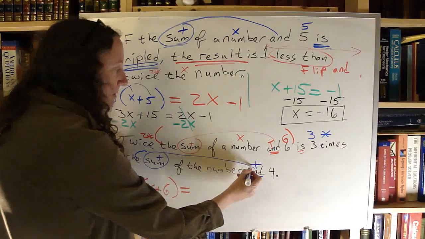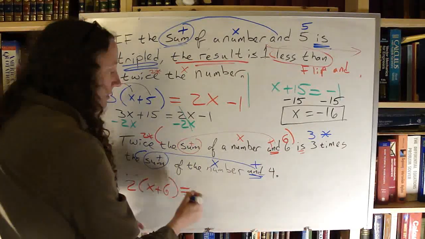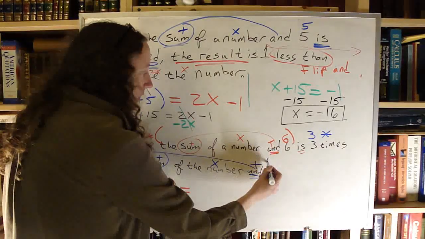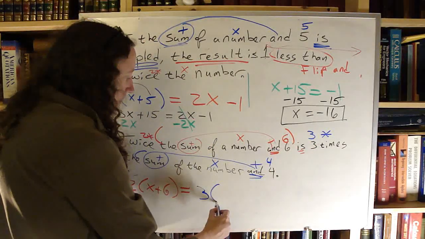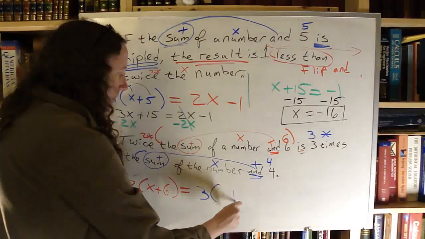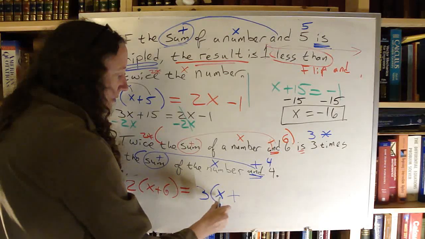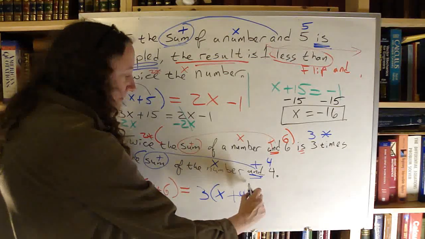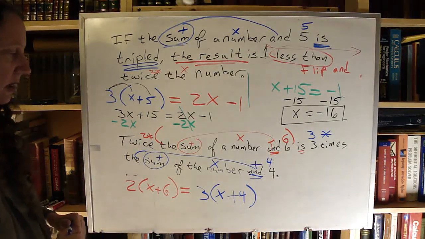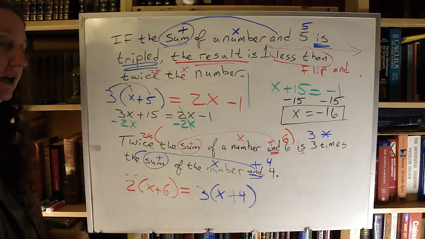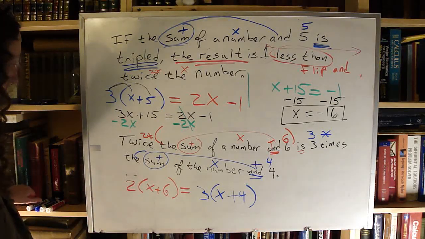So that's where I'm going to put my plus sign. Sum of the number. The number is x and 4. So I have 3 times the sum of x and 4. I've reached the end of my sentence. Close my parentheses. I now have what I need to use to solve my equation.